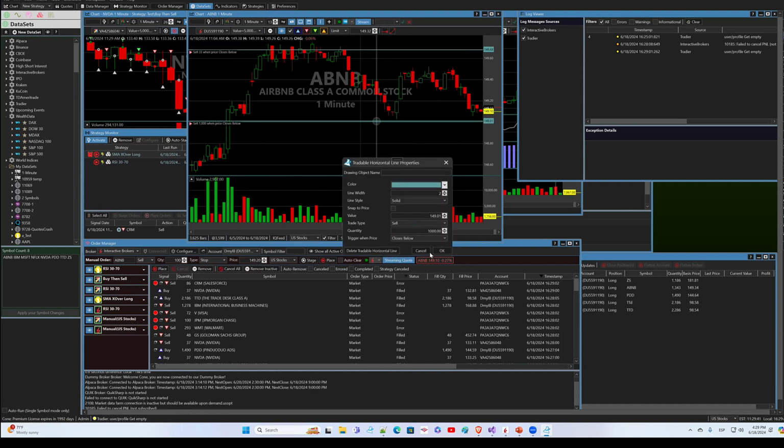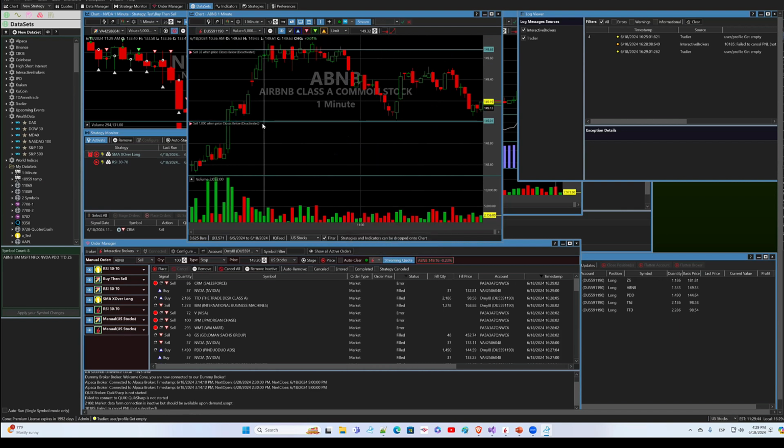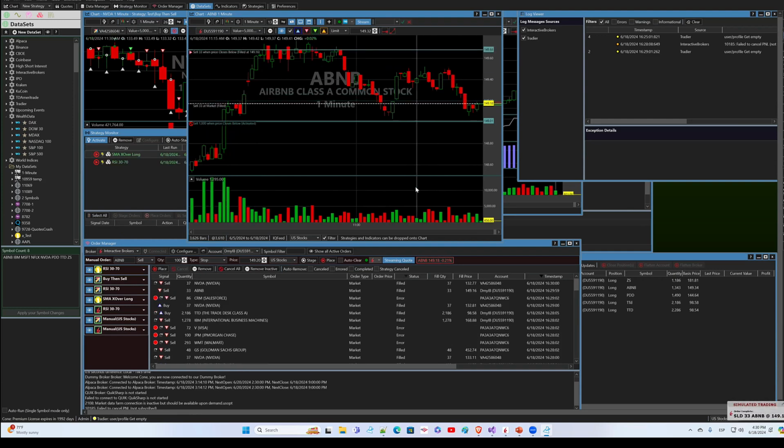Anybody else that's not familiar with this, if you draw one of these lines, they come up deactivated, right? So you have to activate them. And once they're activated, when the order hits, let's go ahead and get one of these to hit. You'll see, and oops, it just did fill.